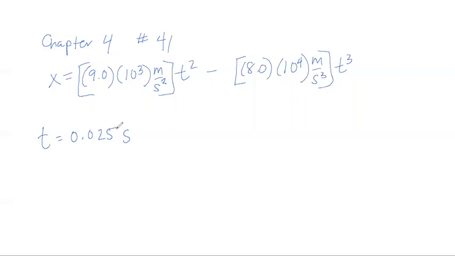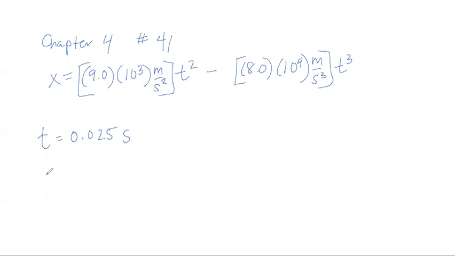Okay, how long is the barrel? Do we have that? Oh no, we're solving for that. All right, let's go ahead and do that. At t equals 0.025 seconds, we're going to solve for that displacement.